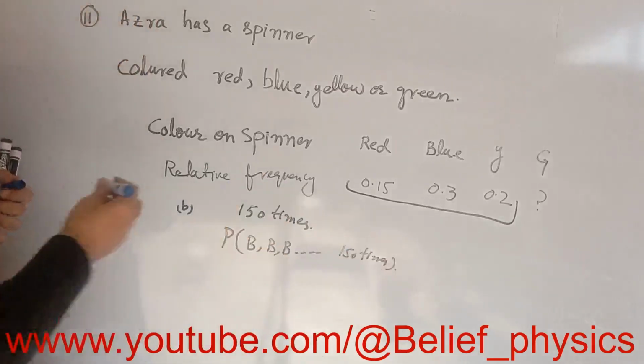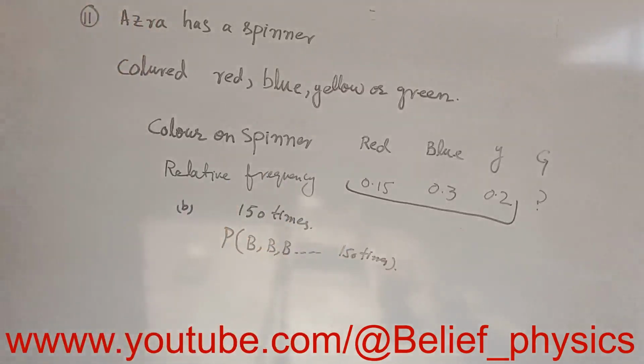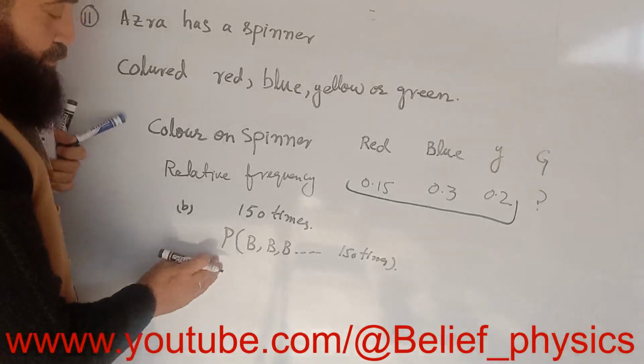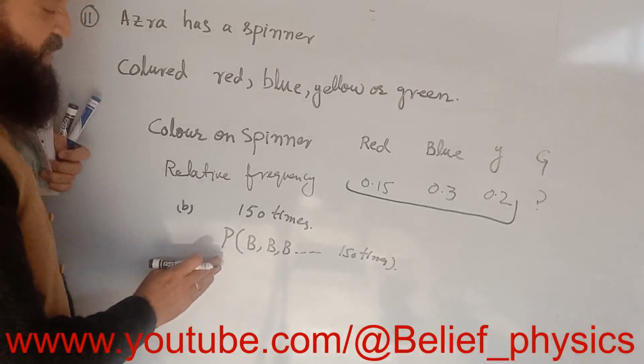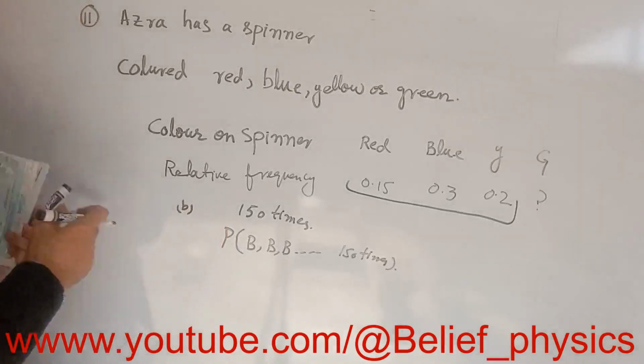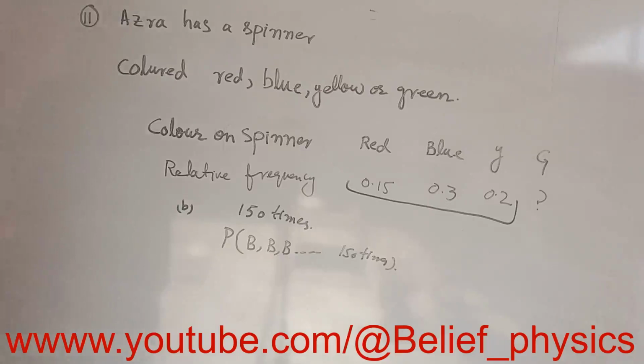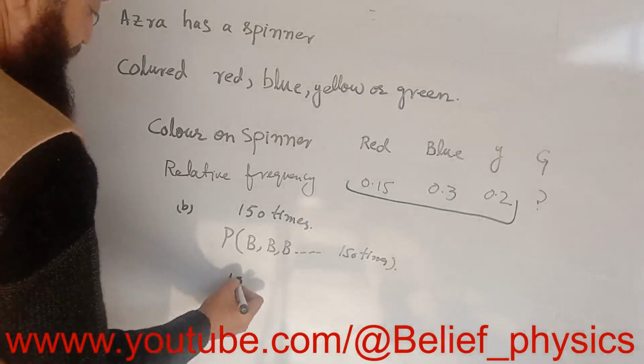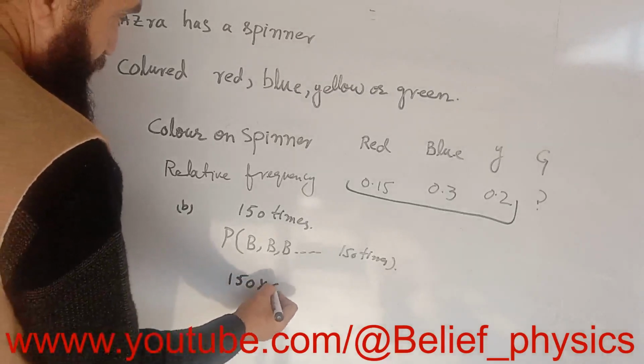It is blue and blue and blue. When it is 'and', you multiply them. If there are 150 times, we add up all the probabilities, or we multiply it by 150. So the answer will be 150 into 0.3.